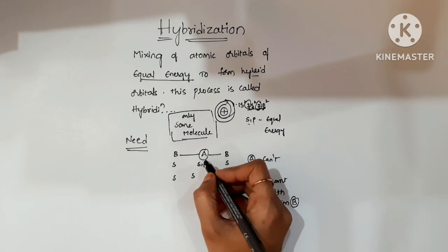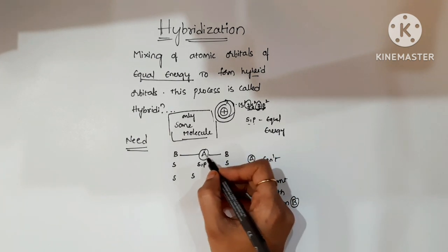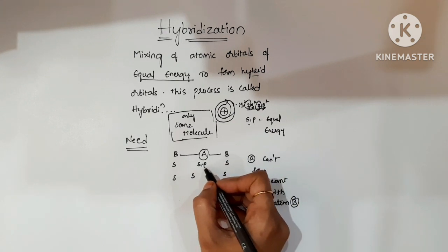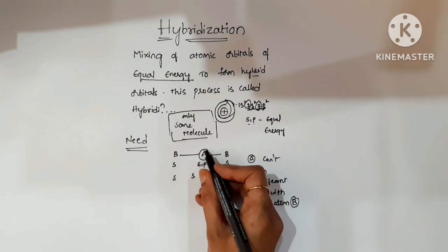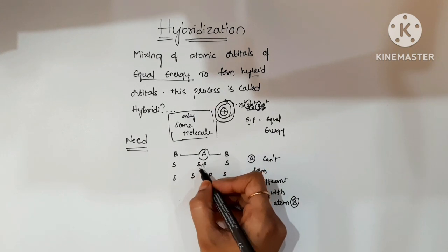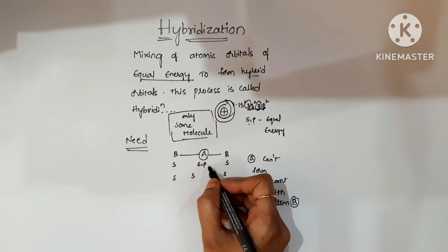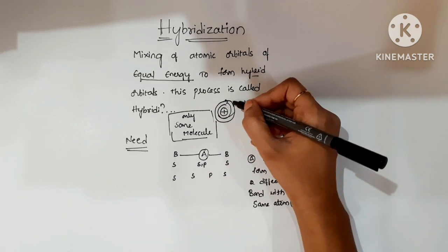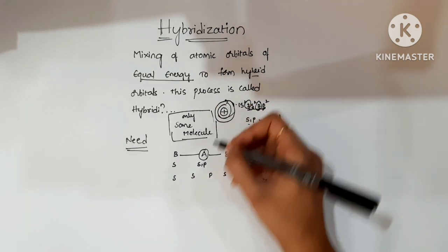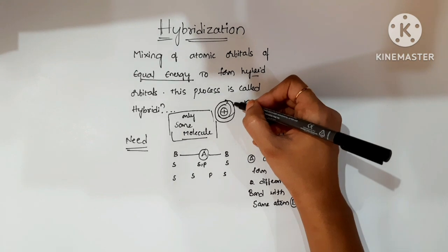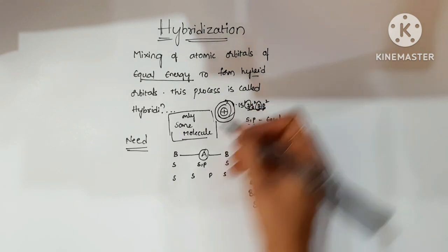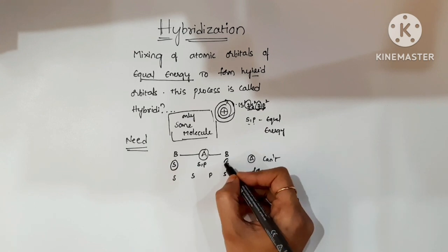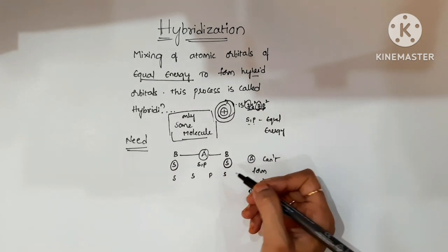A is an atom, and B is another atom. S and p orbitals are present in the valency shell of A atom, that means the last shell of an atom, and in B atom only an s orbital is present.